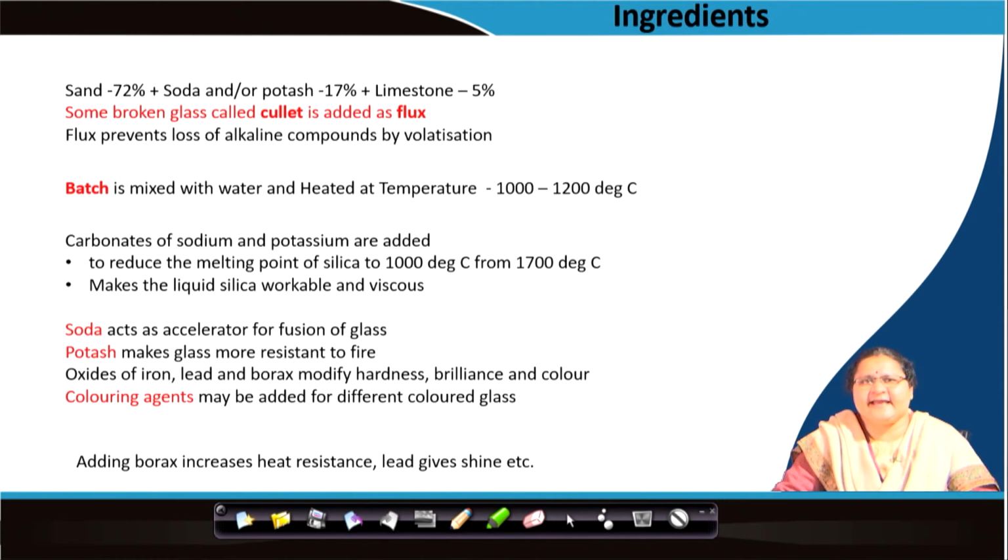You can change ingredients to some extent to get different properties, different characteristics, and that will give you a different kind of glass.